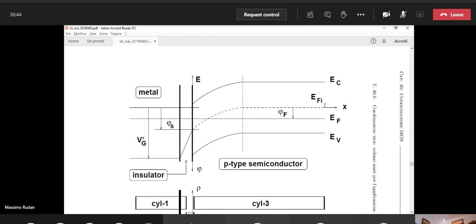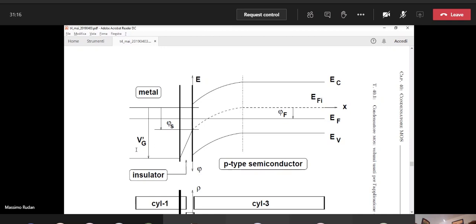since we are not considering the bulk contact, we must observe that the difference in the electric potential between the left contact, that is the gate contact, and the internal zero of the potential is different from VG, because we are using as a reference the interior of the semiconductor.